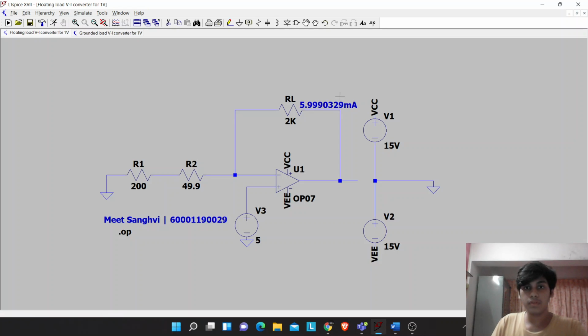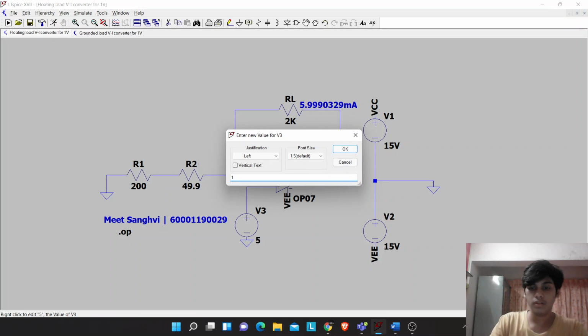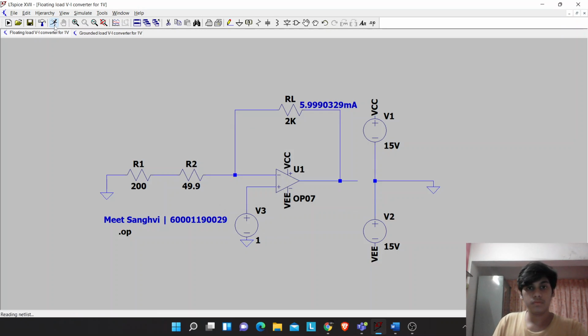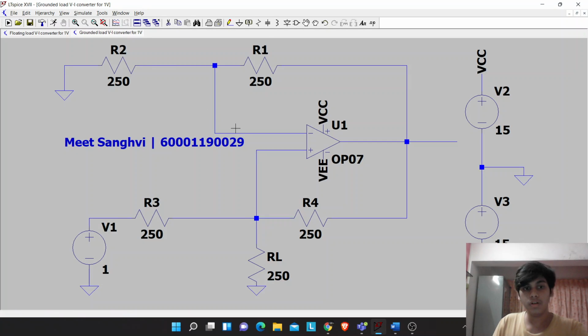That is because we increased the resistance over here. Now if we change to 1, we get 4.015. So now we go to grounded load.